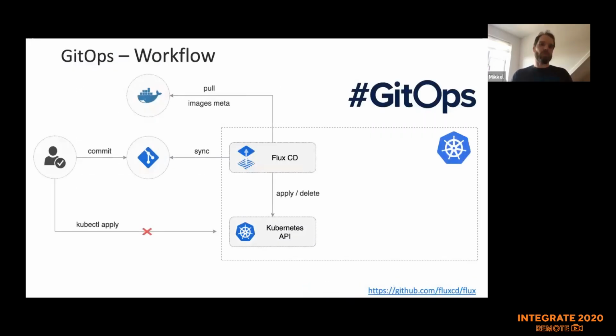And it basically looks like this. The main thing to take away here is that what you want to get away from is having the manual kubectl apply or the manual apply operations directly against the Kubernetes API.